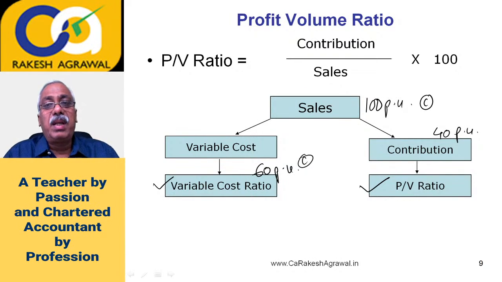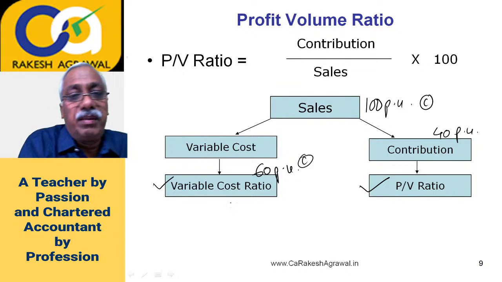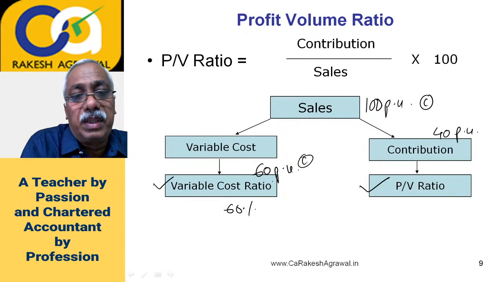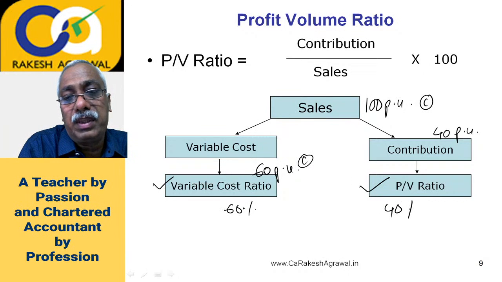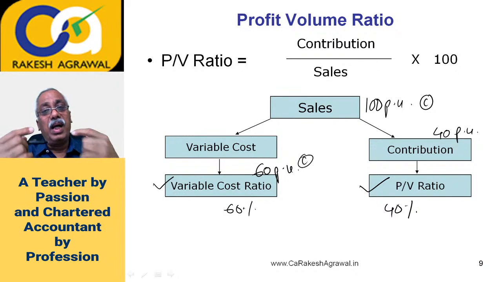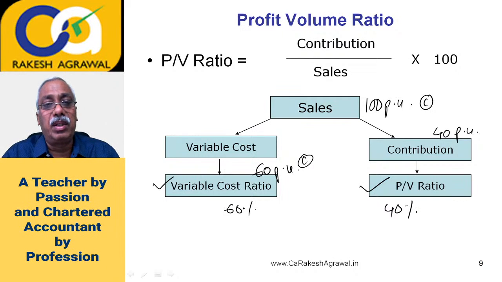Now if these three figures have become constant, don't you think the ratios will also remain constant? So in this case, the variable cost ratio will be 60% and PV ratio will be 40%. This will happen due to the assumptions which are already imbibed in marginal costing. But it doesn't mean it will remain constant for a lifetime. If you change the sales price, naturally the ratio will change. If you change the variable cost per unit, naturally the ratios will change.